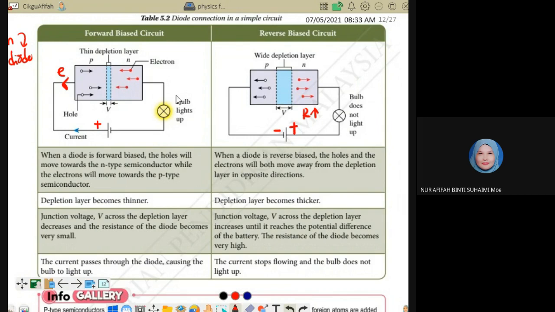Okay, you kena explain about the depletion layer lah. The size of the depletion layer. The depletion layer comes from the combination of P-type and N-type that produces a PN junction. Dia punya junction dekat sini, ada tengah-tengah ni ada junction lah.